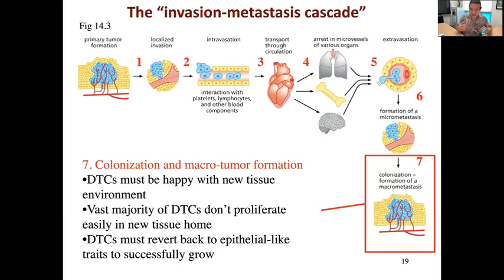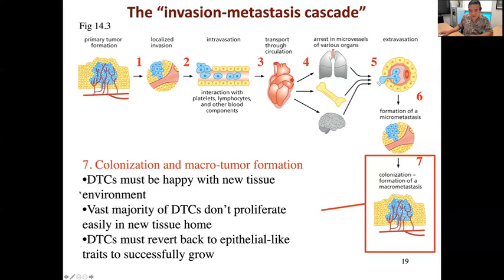Because then those micrometastases will start to proliferate. So that's step 7 then, the colonization and formation of a macrometastasis from one of these micrometastases somewhere else, and thereby completing this awful cascade where you now start having a secondary tumor growing at the rate of the original primary tumor, but somewhere else in a different tissue in the body.